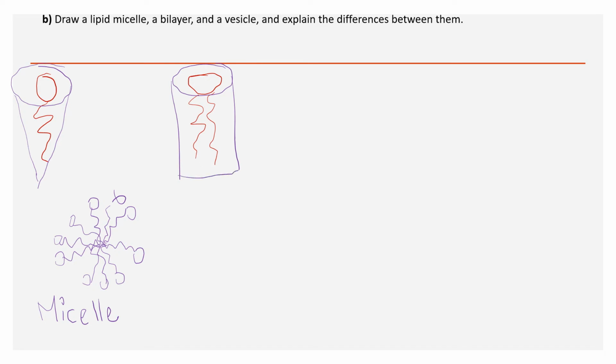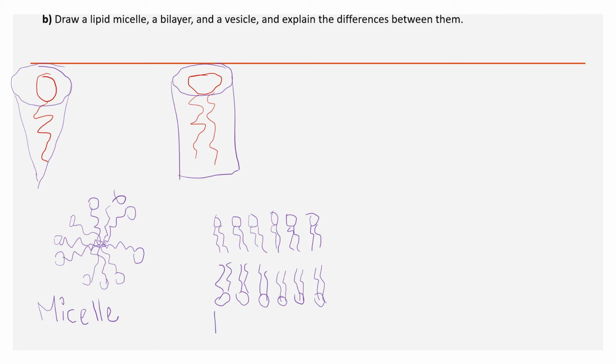And then whenever these guys form, they form like this. Okay, and then the same thing at the bottom. And this is how lipid bilayers are formed. Okay, so that's a bilayer.